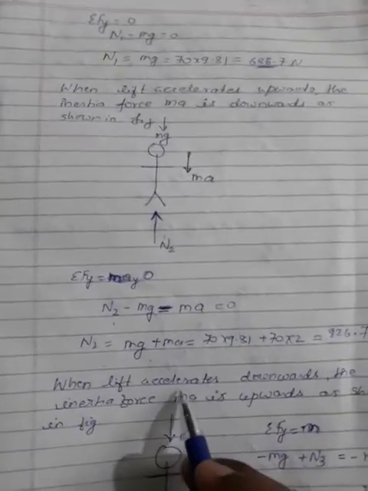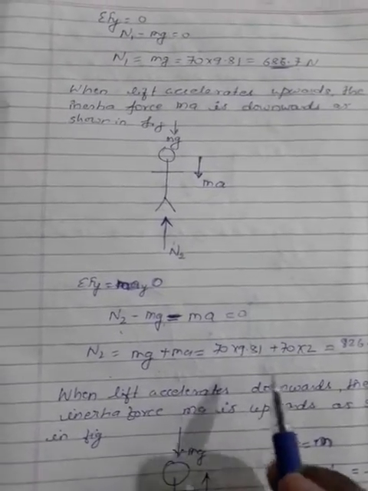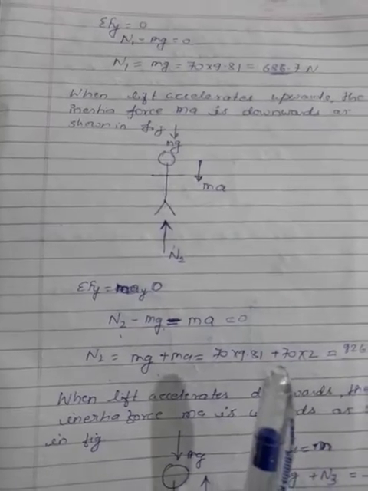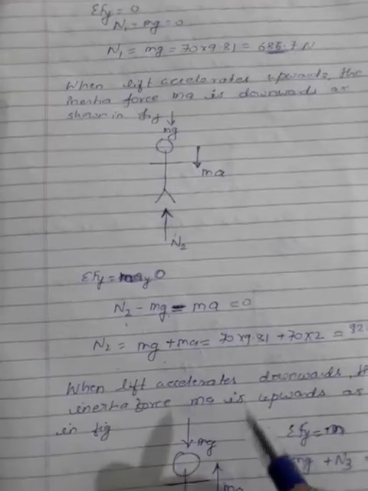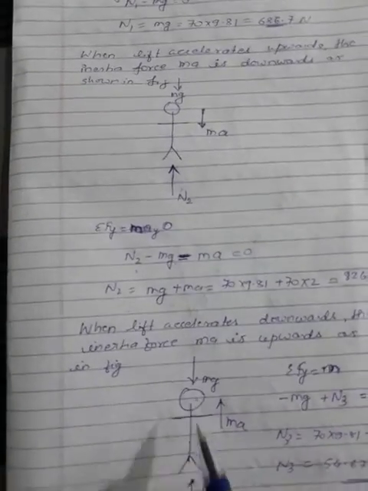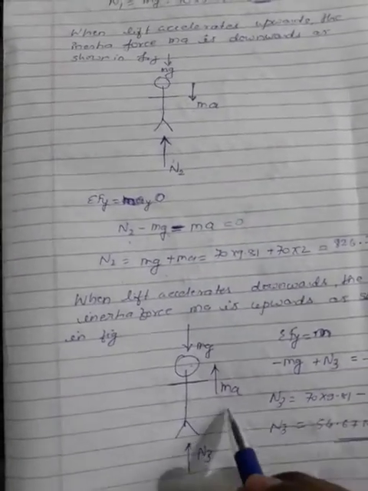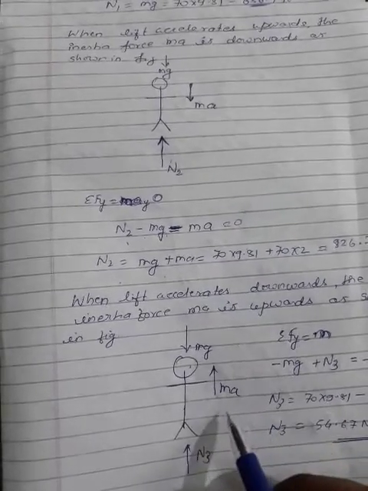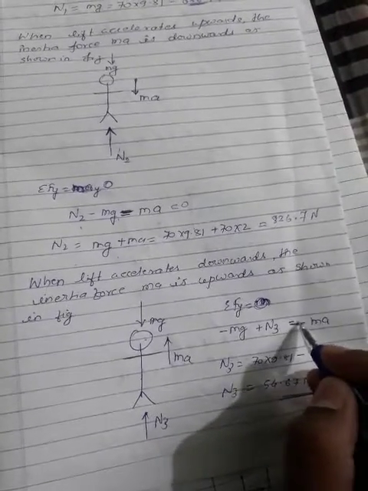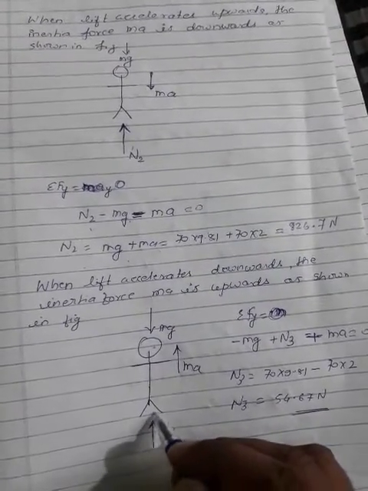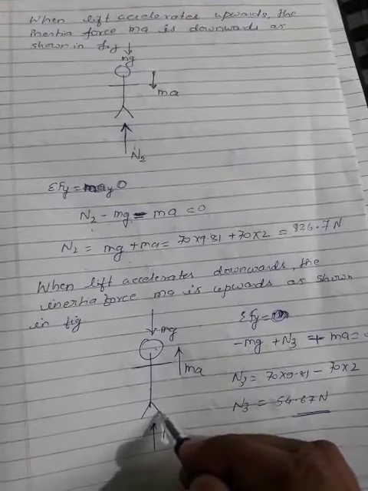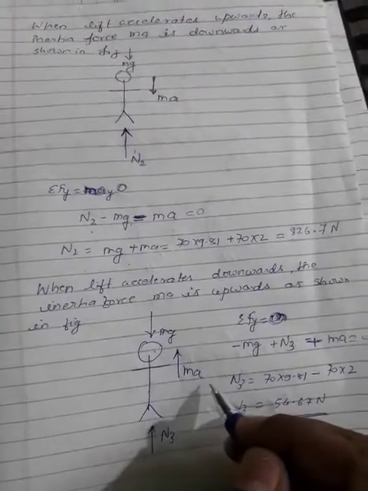In the third condition, when the lift accelerates downward, the lift is moving downward, so the man inside the lift will oppose the motion because of the inertia force, so it will act in the upward direction. So the man's weight acts downward, and the inertia force acts upward. Also, as it is resting on the surface of the elevator, it will give normal reaction, that is N3.